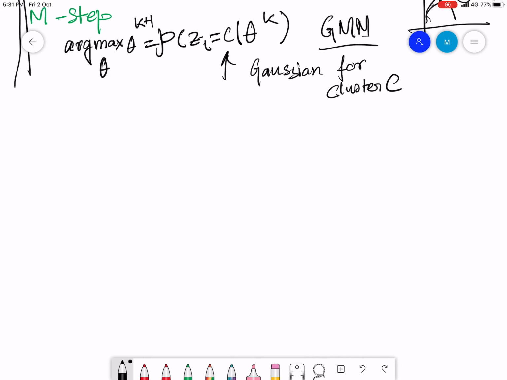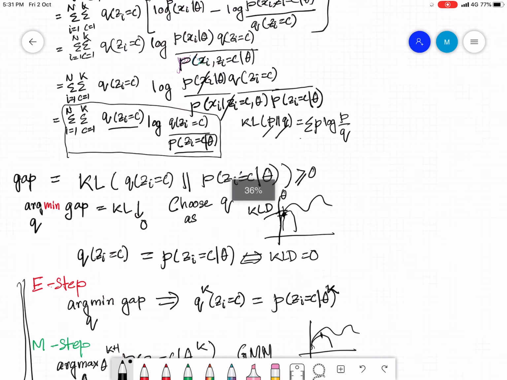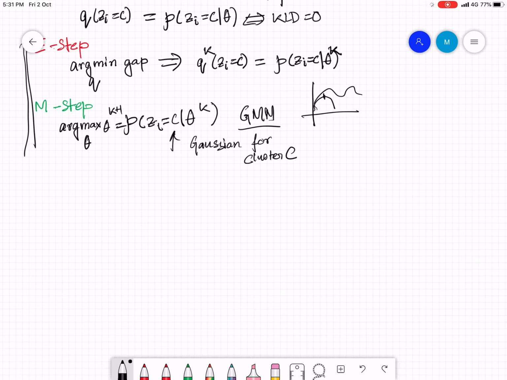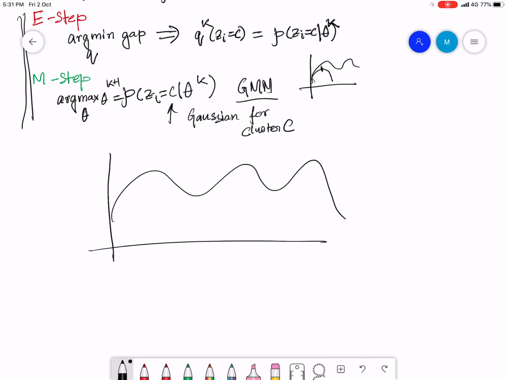Okay, so this is log of P of x given theta. Suppose we start at some theta k. In the E step, what we will do, I draw a better picture.